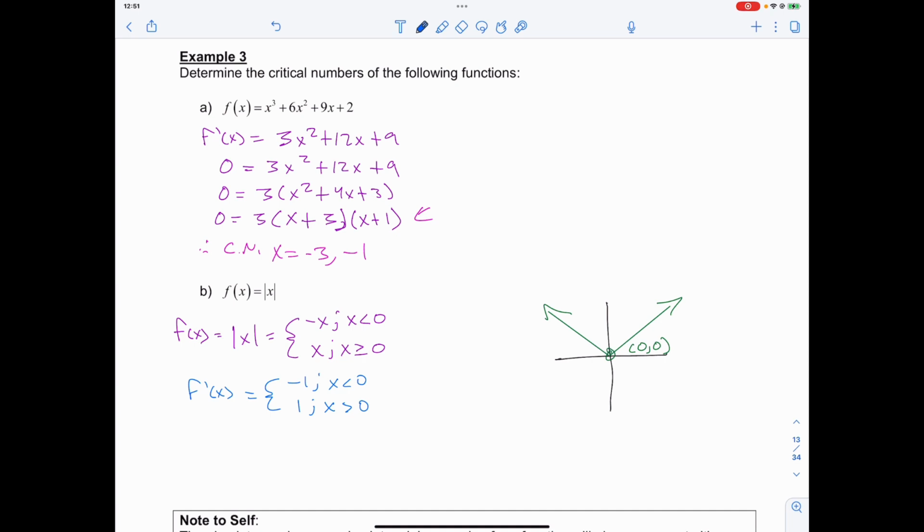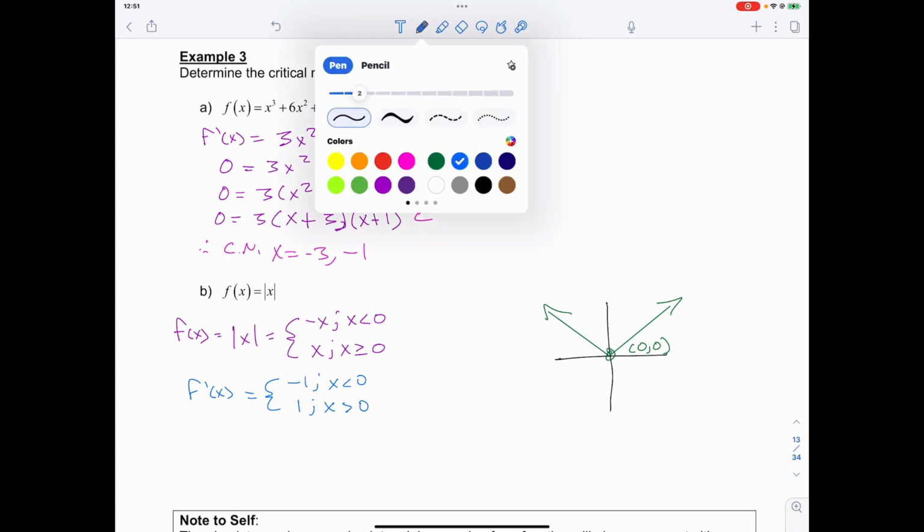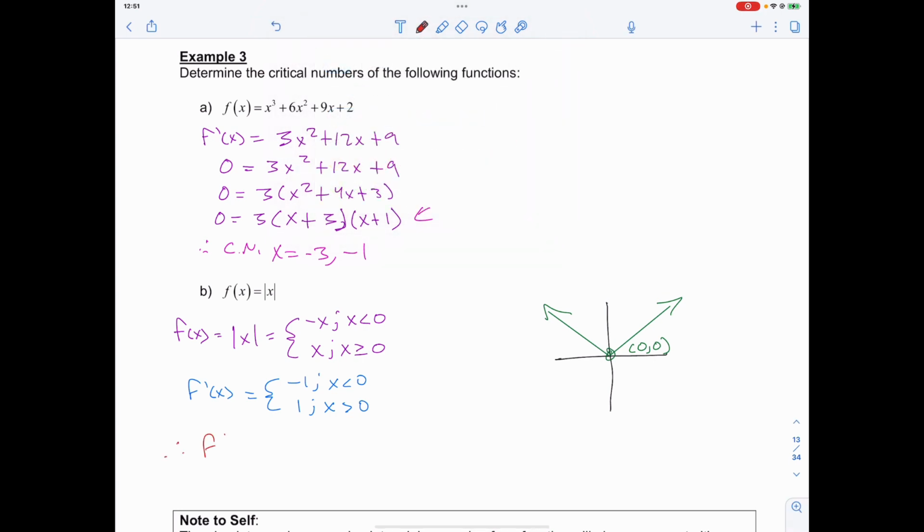Those 2 pieces don't meet at -1 and +1, which means that f prime at 0 is undefined because it's a cusp or a corner. And the critical number is going to be where f prime of x is undefined, at x is equal to 0.